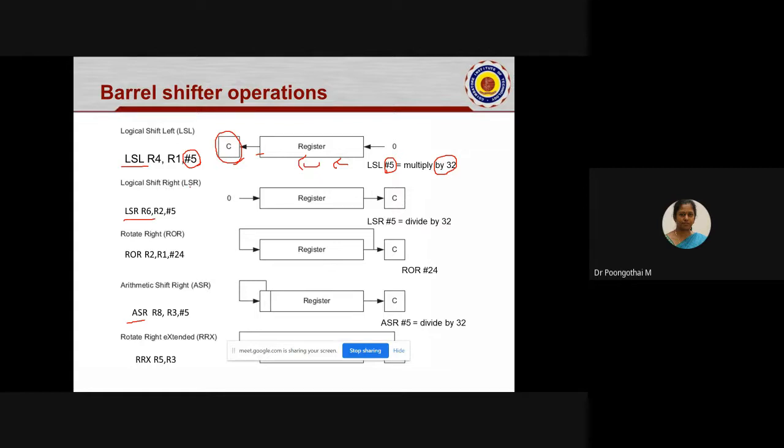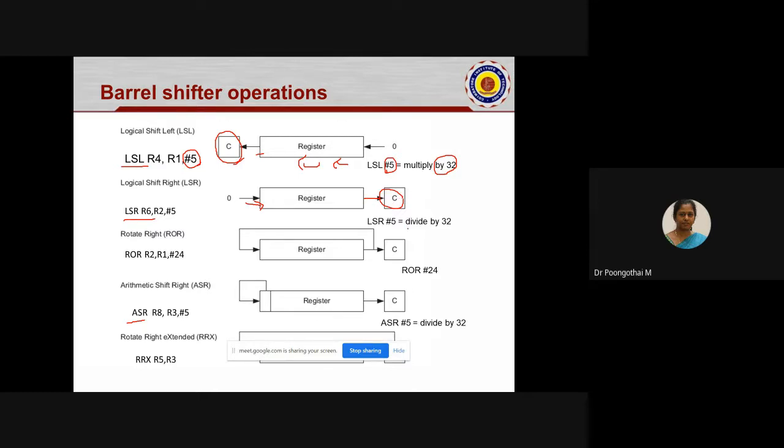The logical shift right instruction is very similar to LSL, but the only difference is that 0 is inserted at the leftmost end of the word, and the last bit is removed from the rightmost end and placed in the carry flag.